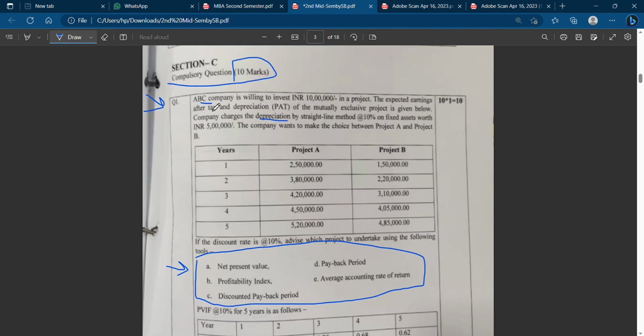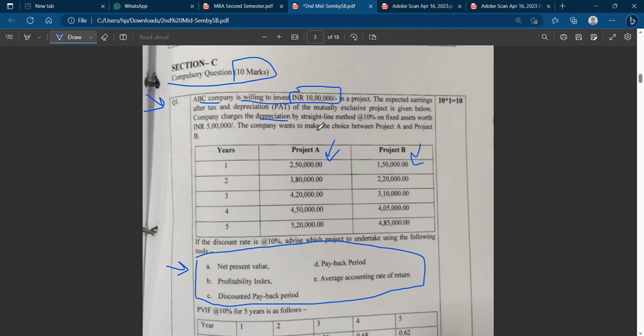The company ABC is willing to invest 10 lakhs, which means our initial cash flow for the project is 10 lakh. The expected earning after tax and depreciation, meaning the inflow given in the question, is the amount after tax and depreciation. So we have to adjust the depreciation.